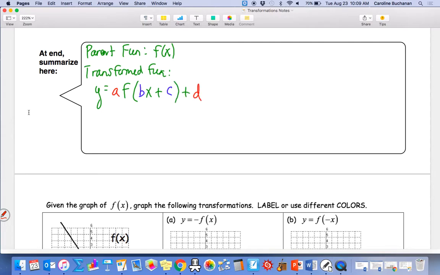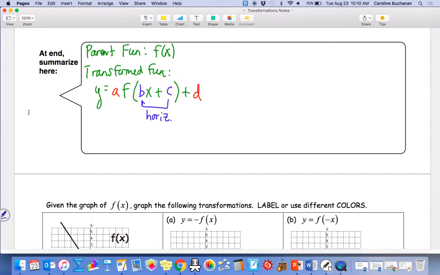And what I'm going to do here is color code our horizontal transformations with our vertical ones. So let's start with the inside. Whatever happens directly with the x before it goes through the parent function, these all affect x, which makes sense that they're going to transform the graph horizontally. So these two are horizontal transformations.